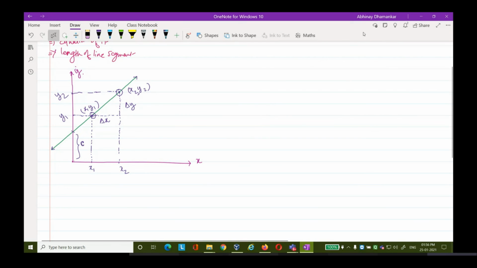The line equation is given by the well-known y equal to mx plus c.